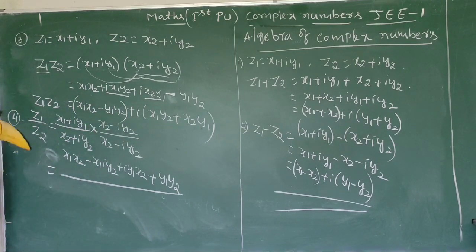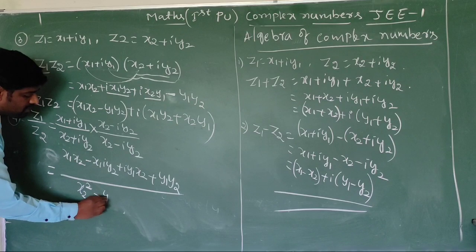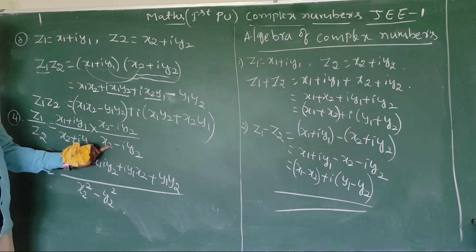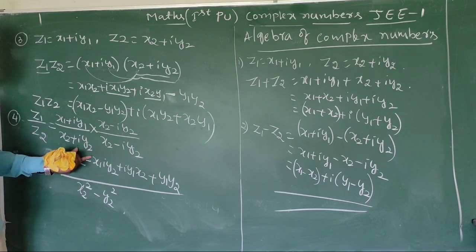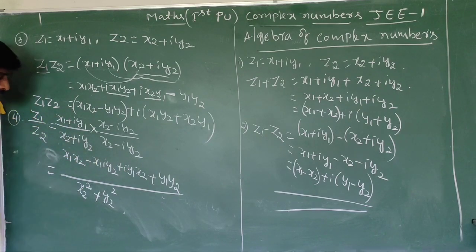A plus b into a minus b is a square minus b square, that is x2 square minus y2 square. Okay, dear children, x2 into x2 is x2 square, iy2 into iy2 is i square y2 square, i square is minus 1, so minus into minus is plus.